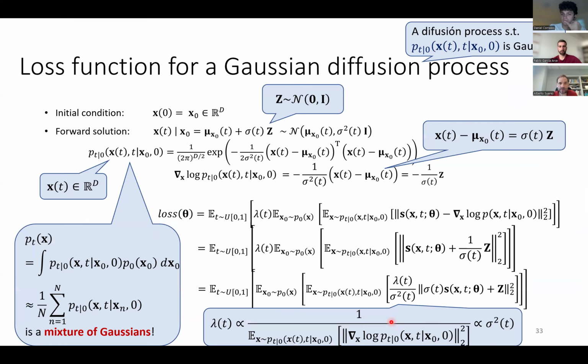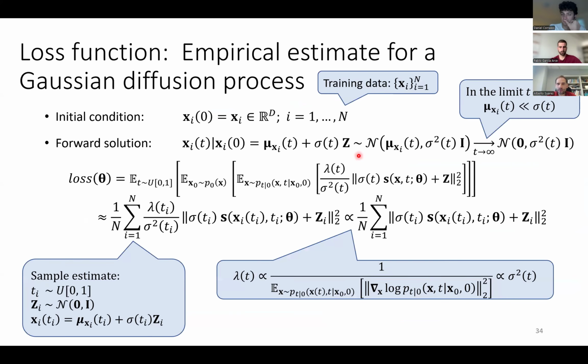To learn the score, let me just jump into the loss function. You have to do something very similar to what you had earlier. This is the score net, so this is like the U-net that you had before. And now this U-net is used, multiplied by sigma of t, to model minus the noise.